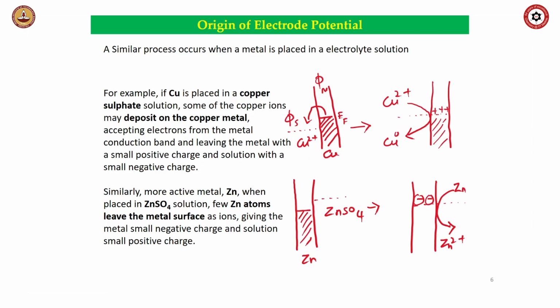This is how potential develops. Now this energy level here and this energy level here are not the same, right? Because I have not combined these two yet. If I combine them, how will it be? Zinc is more electropositive than copper, right? That means this energy level must be higher compared to copper. This is zinc dipped in zinc sulphate solution, and this is copper dipped in copper sulphate solution.